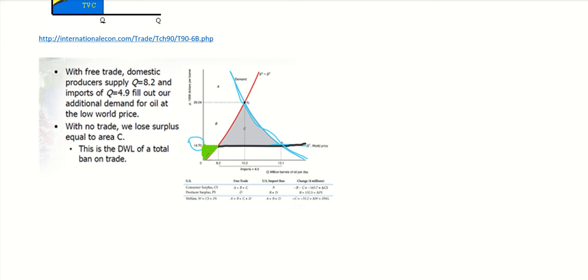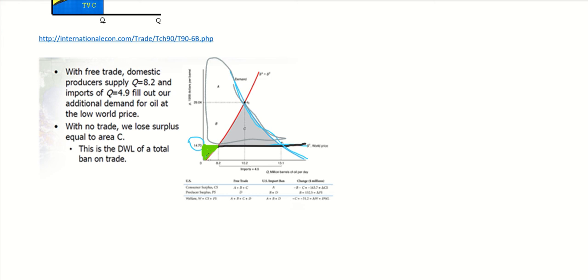So this whole area will be A plus B plus C, the consumer surplus. So the total welfare will be this gray weird triangle, or not really a triangle because it's a curve. This area plus the green area will be the total welfare.